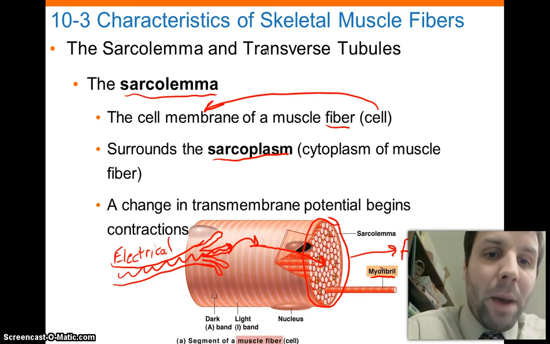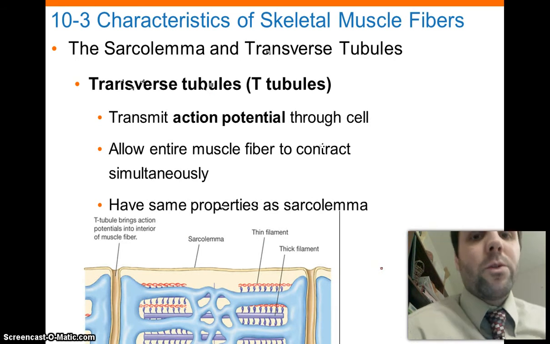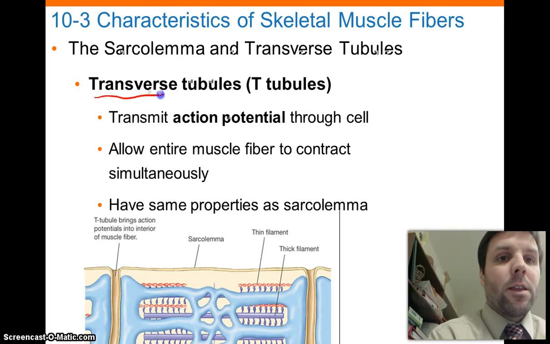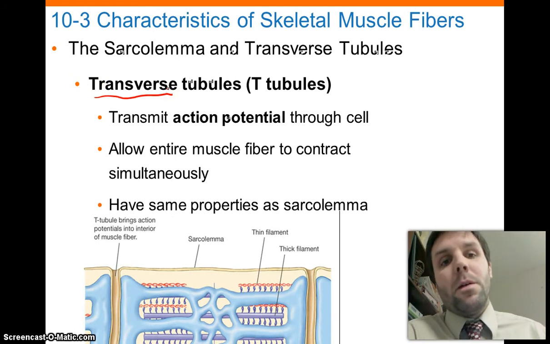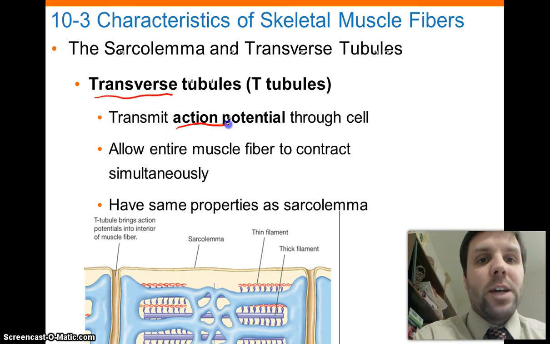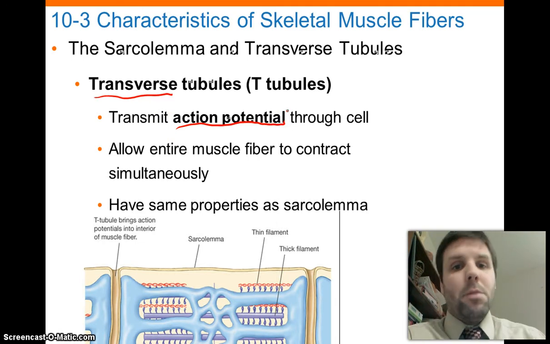So to help pass that inside of the muscle fiber, we have what we call transverse tubules, also abbreviated T-tubules. Keep in mind, transverse is referring to the fact that they're going to be running perpendicular to the length of the muscle fiber. The big job of the transverse tubules is to transmit action potentials from the sarcolemma inside the muscle fiber.